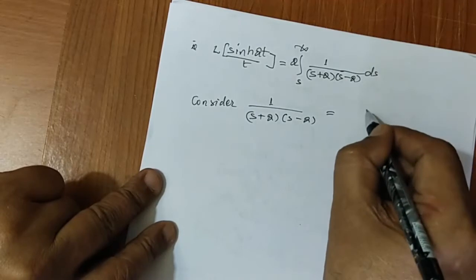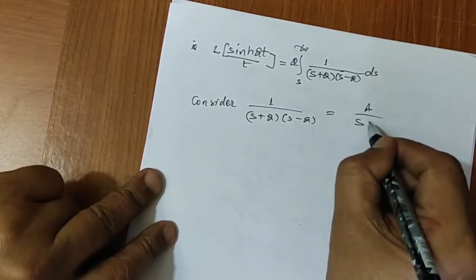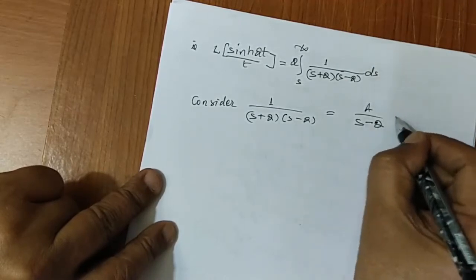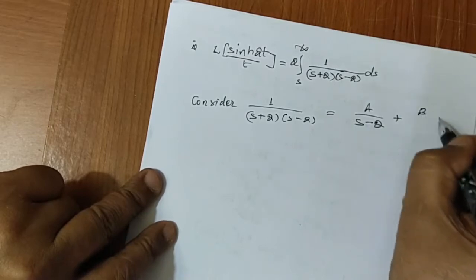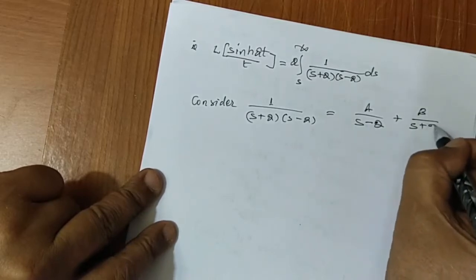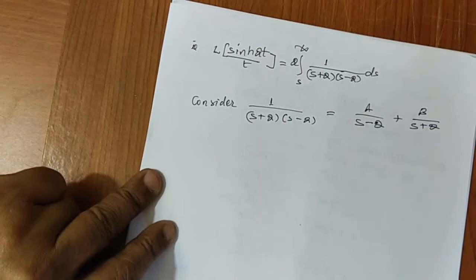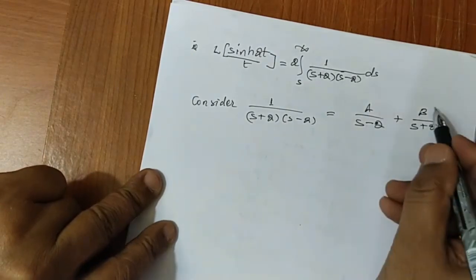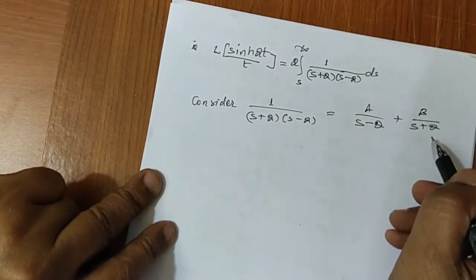Let this be equal to a over s minus 2 plus b over s plus 2.